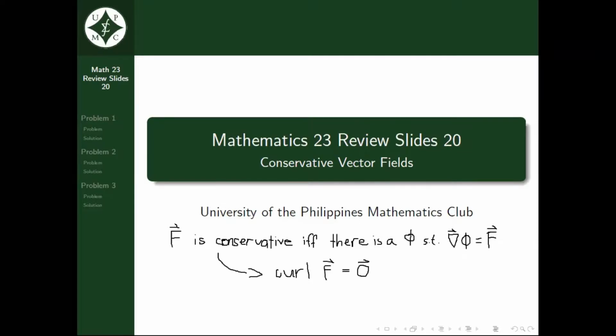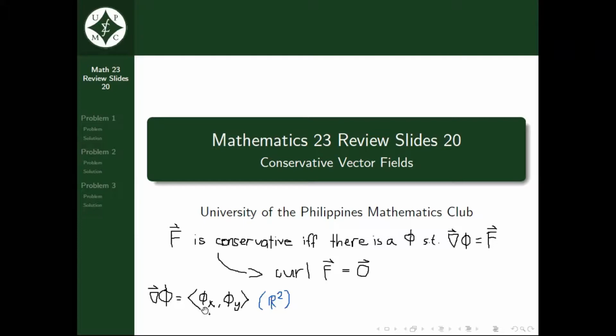Okay, and then let's recall also how to obtain this gradient here. The gradient of some scalar field phi when we are working in two dimensions or on R2 is the following. This is the vector containing the partial derivatives.